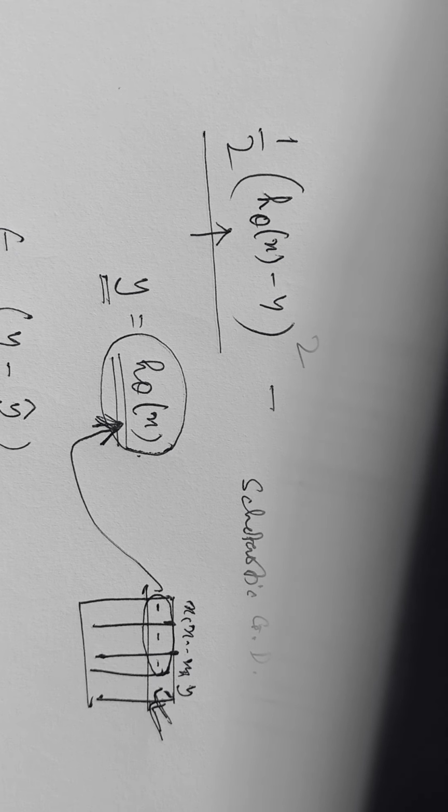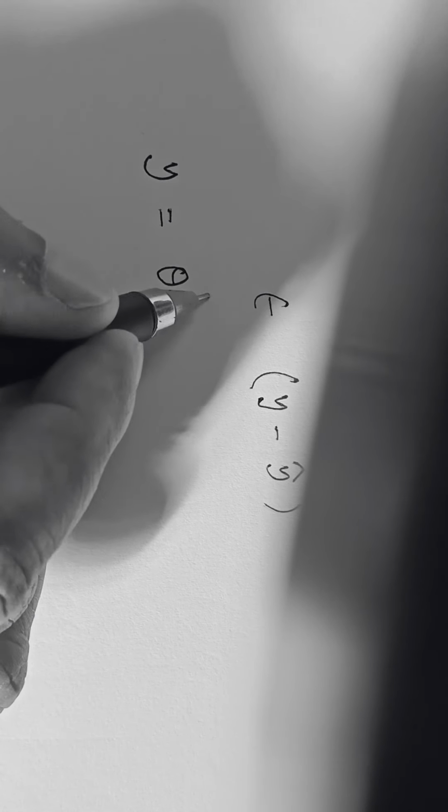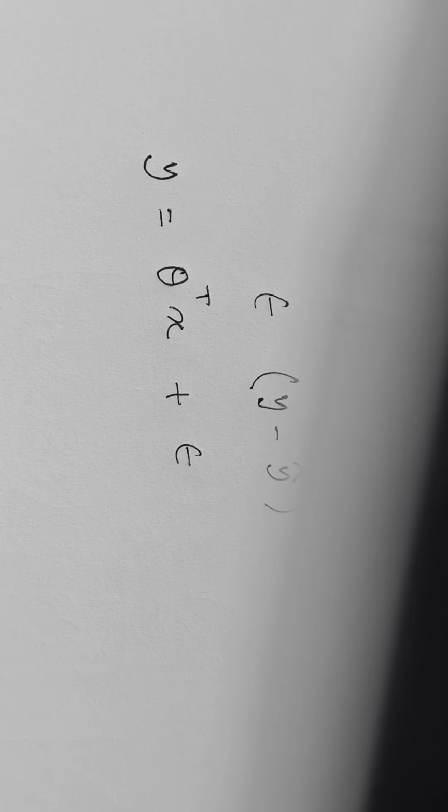Okay, so in this way we can define the error. Let y be the output that we are expecting, which must equal h theta x. So h theta x we have considered as theta transpose x plus epsilon. This is for a single value of x and y.